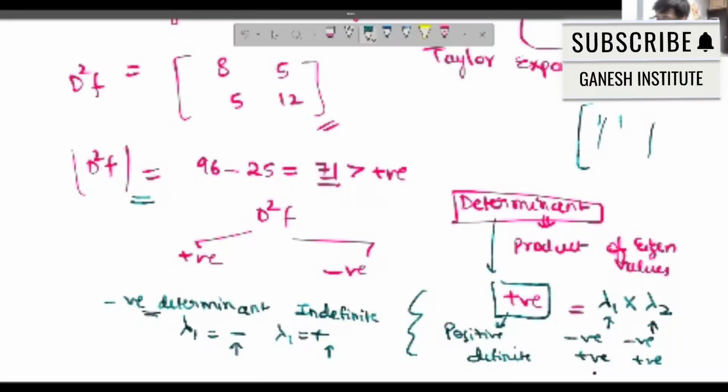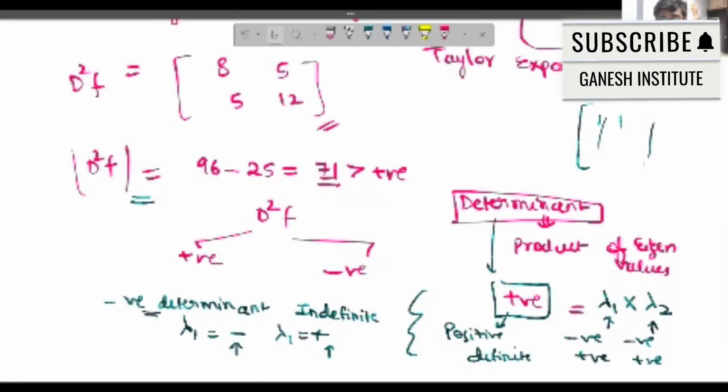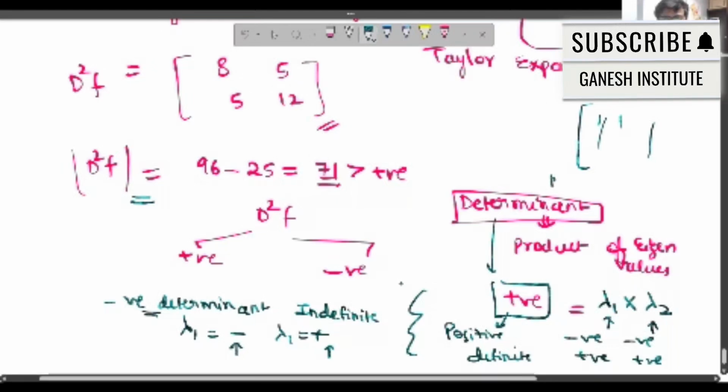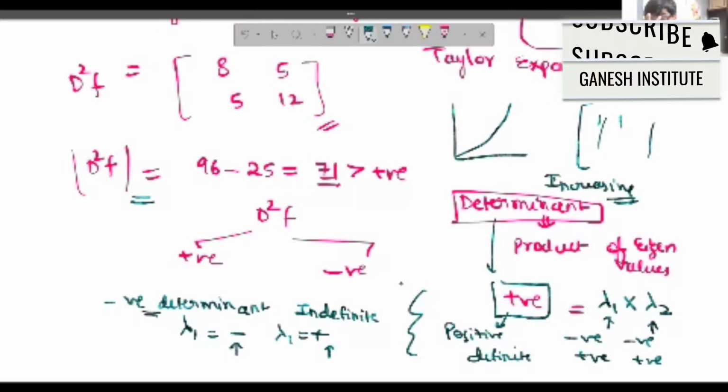Okay. So once you do that, you will be able to get the values and call it. If it is positive definite, that means it is what? Increasing function. And tell me, if it is an increasing function, what do you have, minima or maxima? We're going to have a maxima.